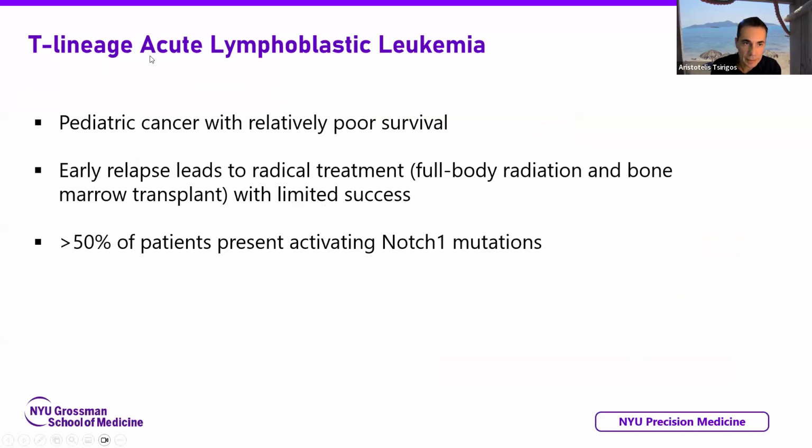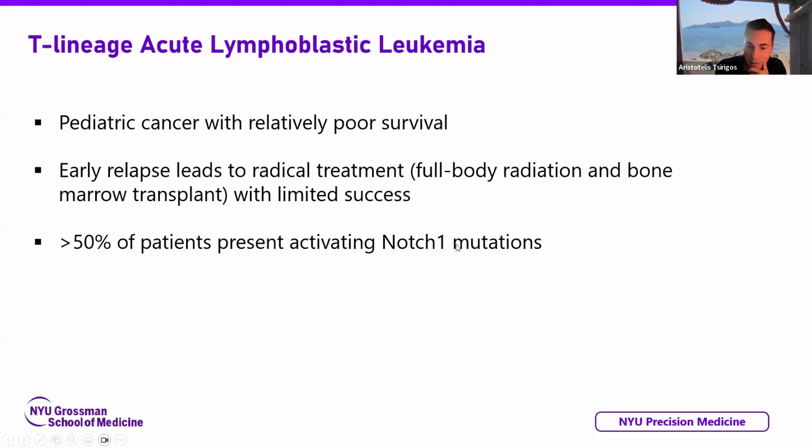It's T-lineage acute lymphoblastic leukemia, mainly a pediatric cancer with relatively poor survival, especially if the kids relapse early. When that happens, it's unfortunate because the kids have to undergo radical treatments, full body irradiation, and bone marrow transplant, and not always successful, unfortunately.